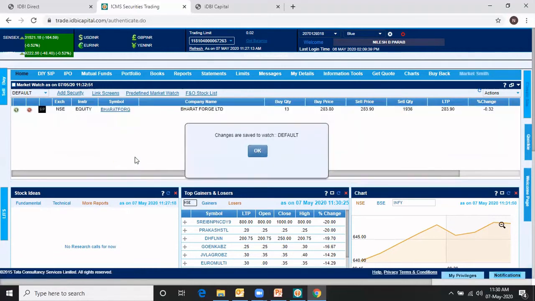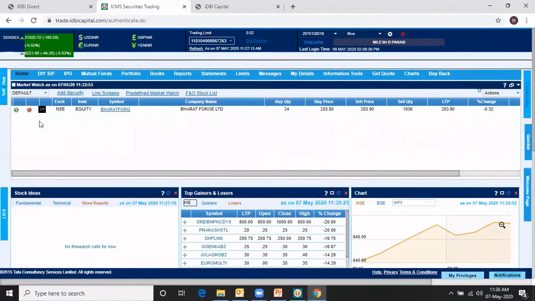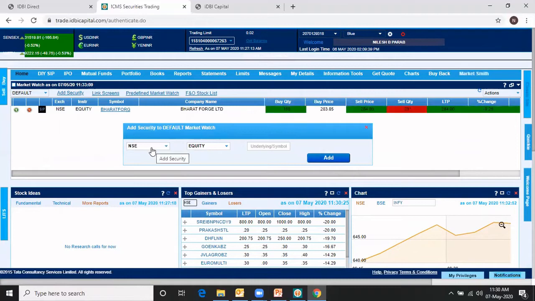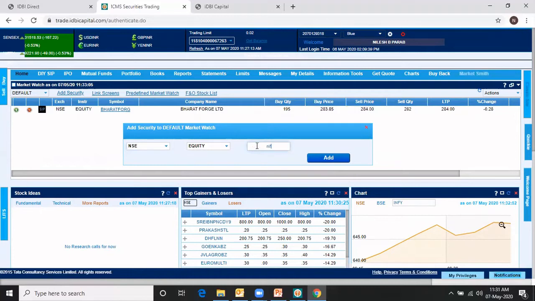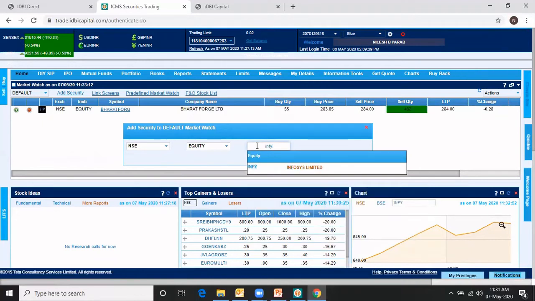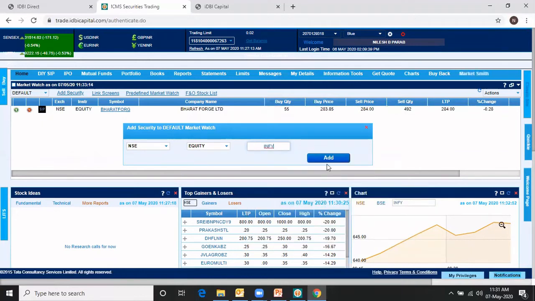Now I want to add, suppose, Infosys. So I'll have to say add security. This is the add security window. I want to see NSE's price of the equity segment and Infosys. So I'm selecting Infosys and saying add.